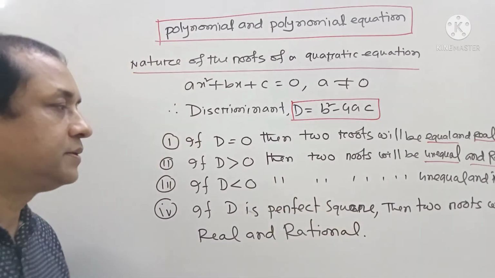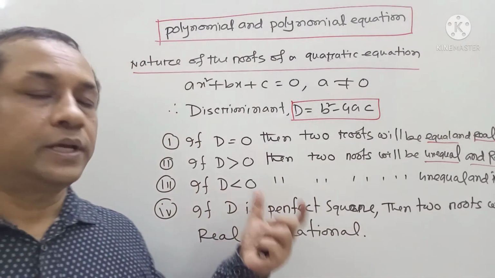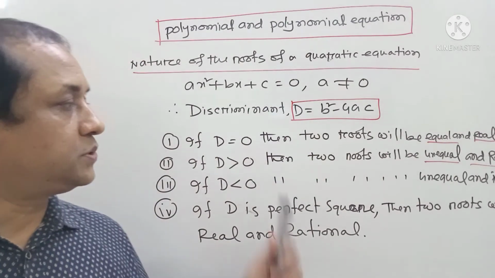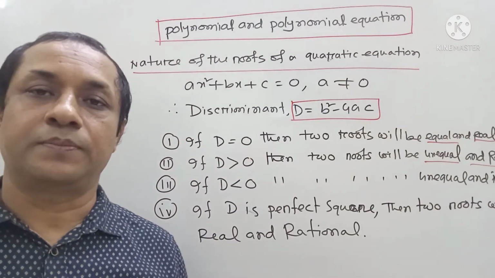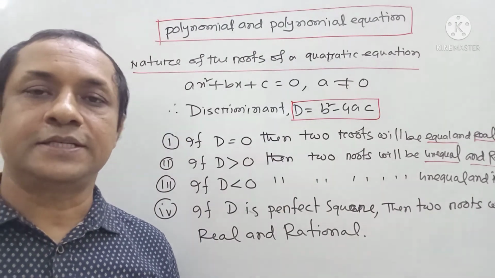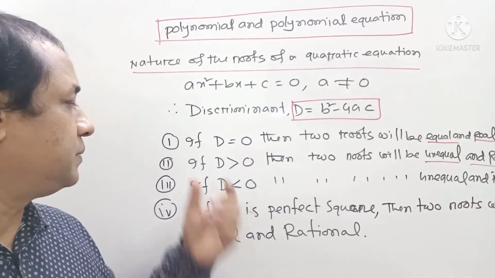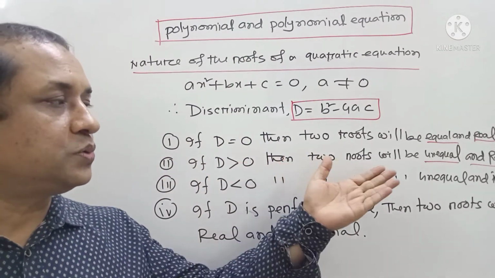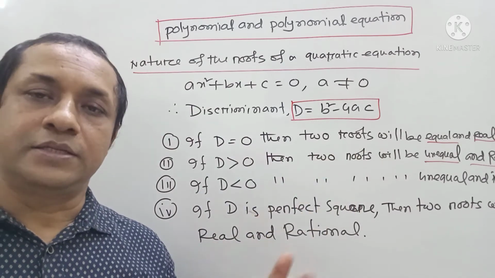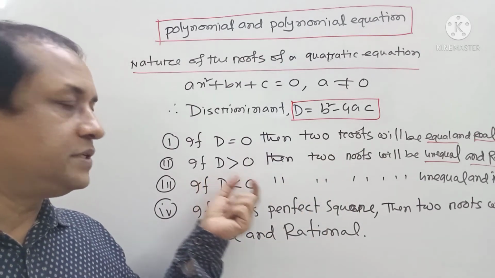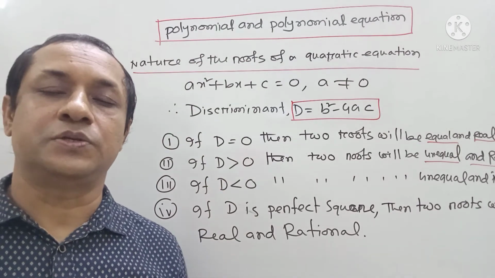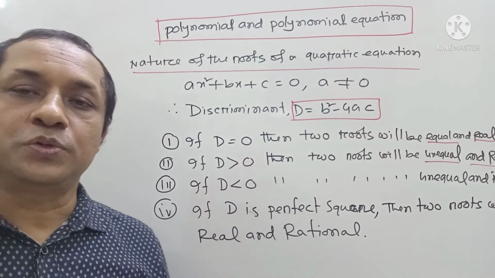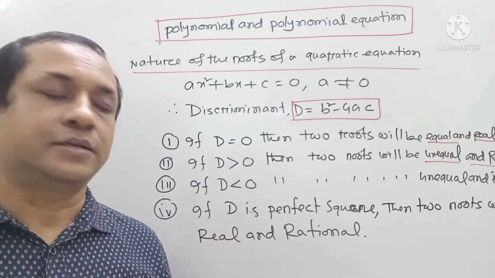So student, nature of the roots, here are 4 conditions. Memorize it: discriminant equals b square minus 4ac, denoted by d. Condition 1: if d equals 0, the two roots will be equal and real. Number 2: if d is greater than 0, the discriminant is positive, the two roots will be unequal and real.